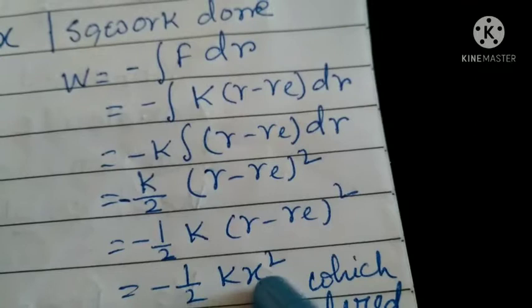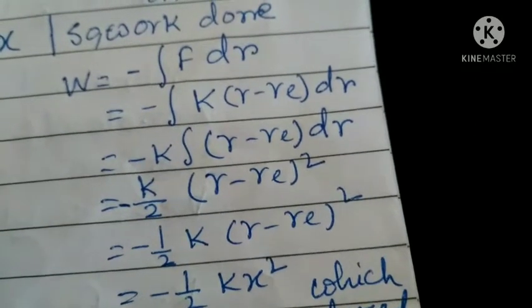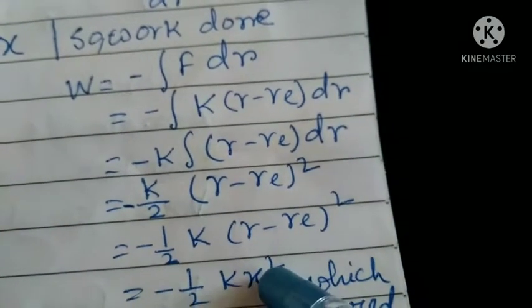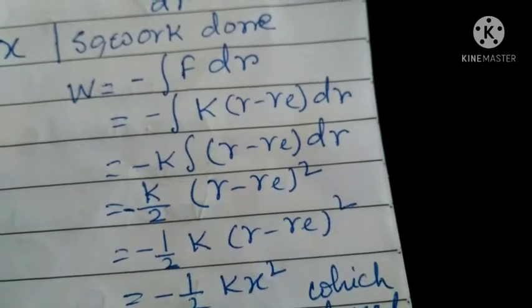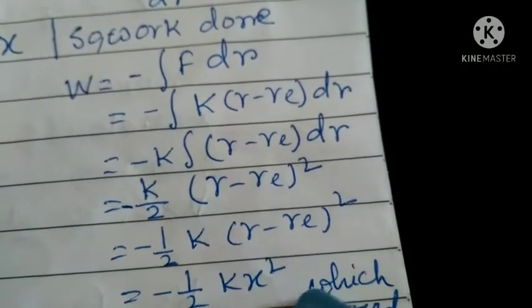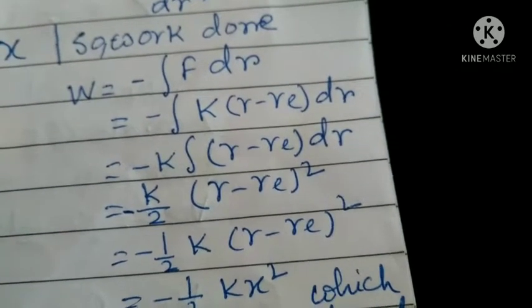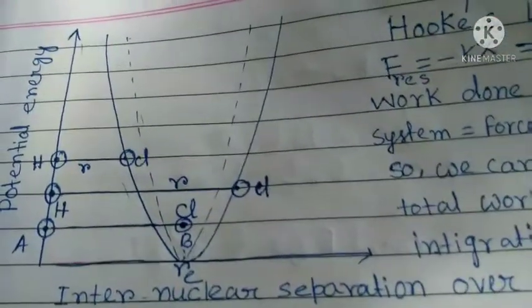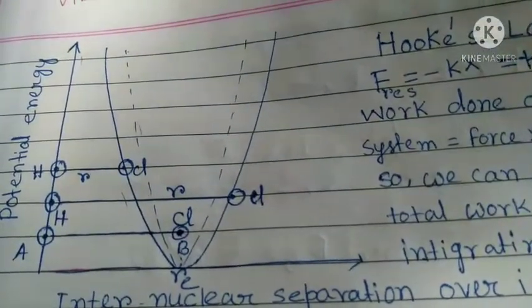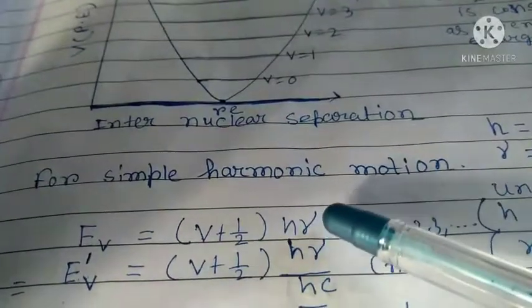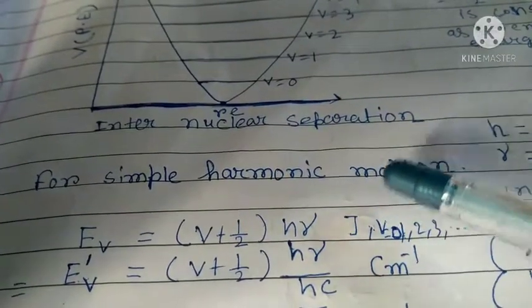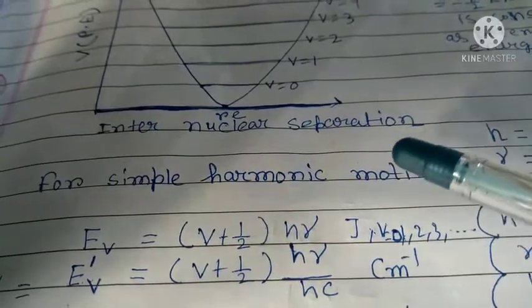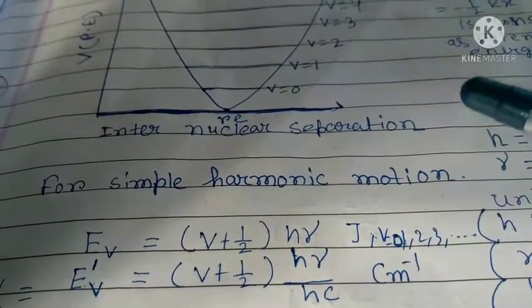That is a parabolic potential, because y equals a x squared is the equation for a parabola. So this is another interpretation of why we get this kind of parabolic potential curve with respect to the internuclear separation. Next important thing is the energy of each vibrational energy level.